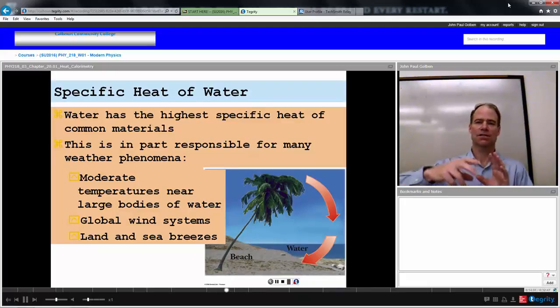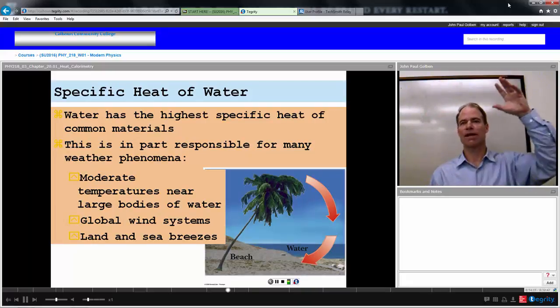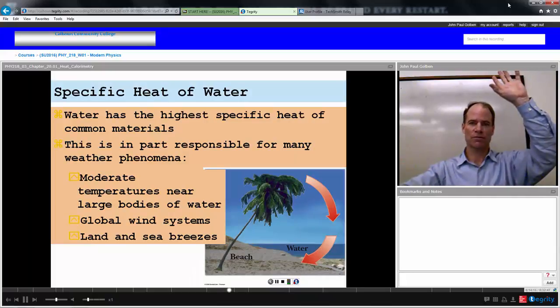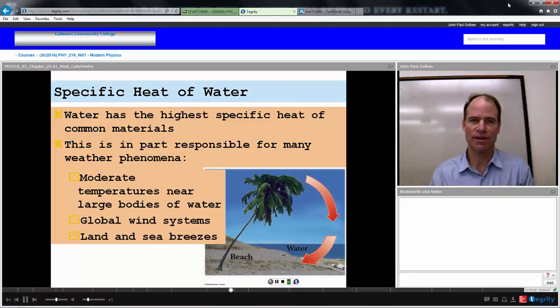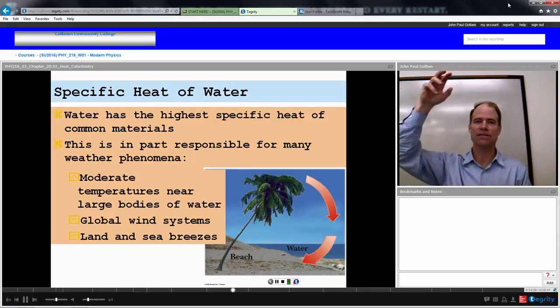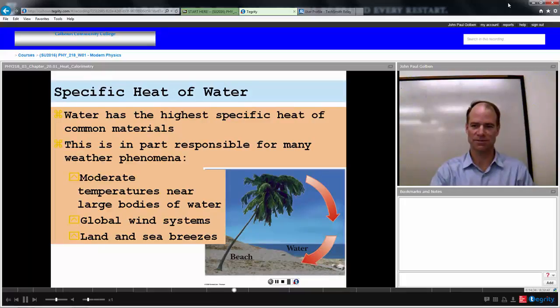As air is rising above the land, that's going to create a vacuum, if you will, and the cooler air from the ocean is going to come in, and you will have yourself a sea breeze. Or when it cools off at night and the land is cooler than the water, the same thing is going to happen in the opposite direction. The air is going to be rising over the water, and then you'll have a land breeze going out towards the sea.